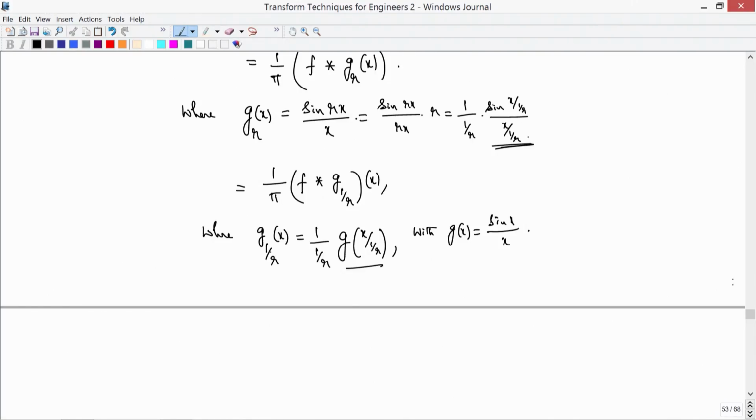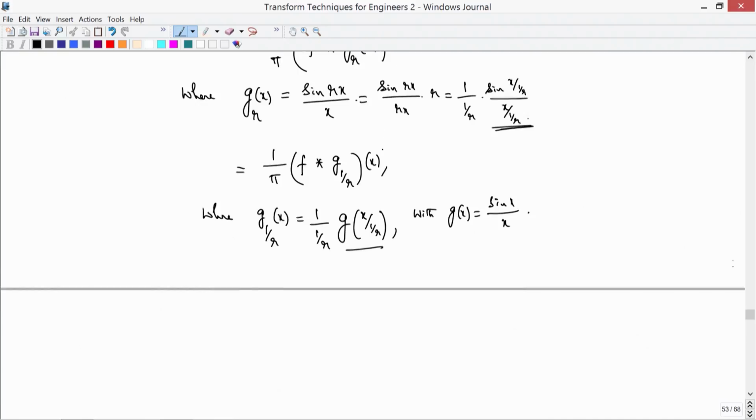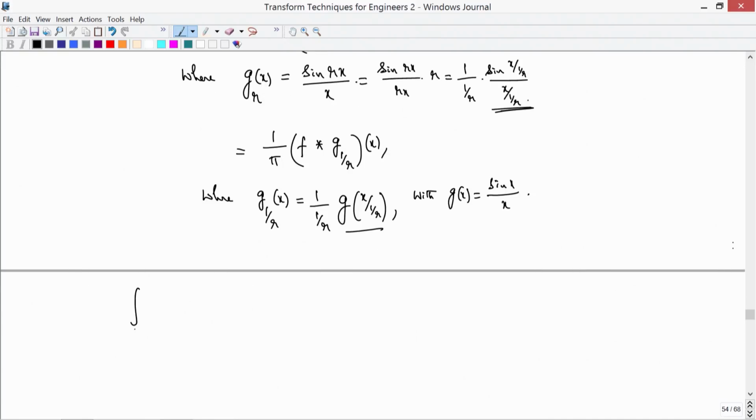Another important thing that we need is this integral 0 to infinity sin r x by x dx. This is an even function. Because of this even function, minus infinity to infinity of this is actually 2 times 0 to infinity sin r x by x dx, or 2 times minus infinity to 0.